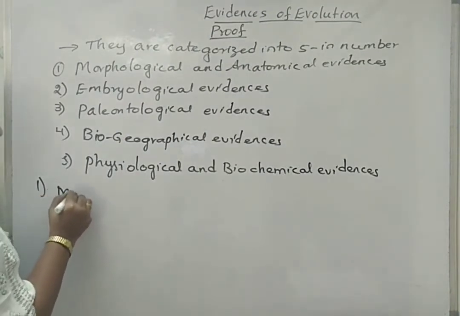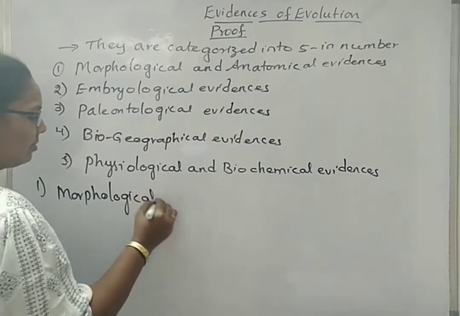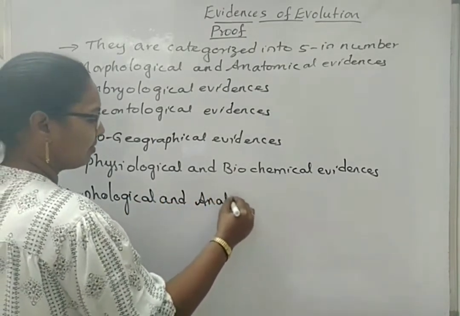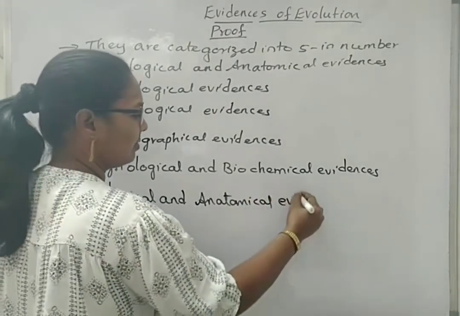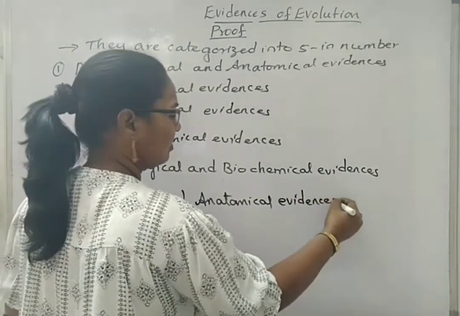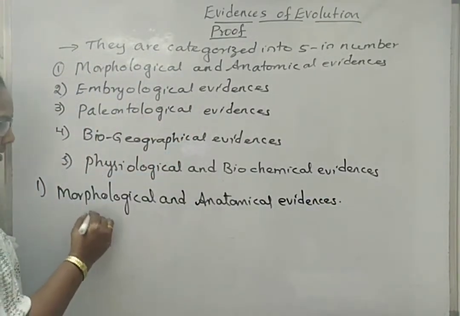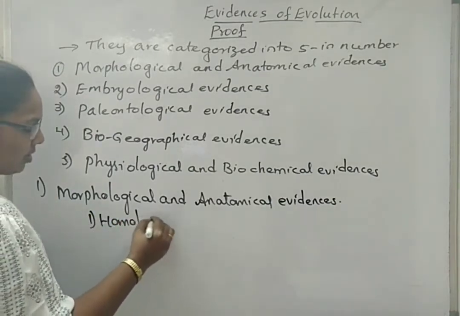So first one, morphological and anatomical evidences. First, about homologous organs.